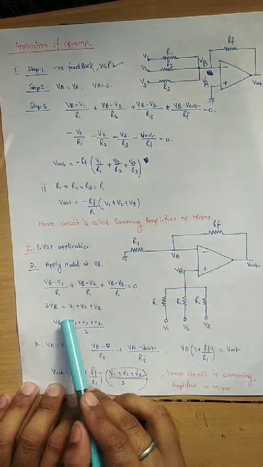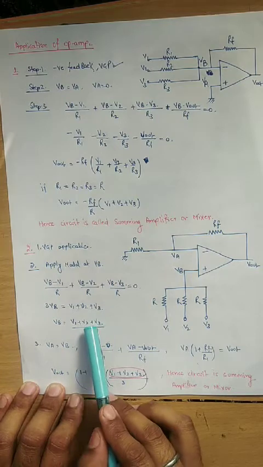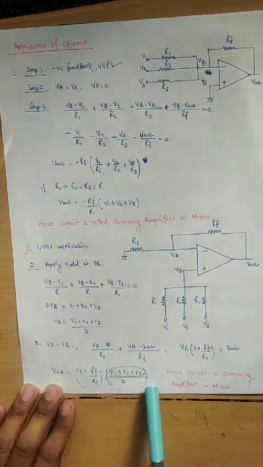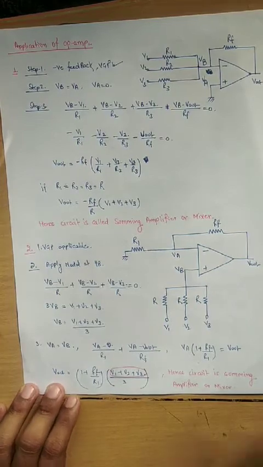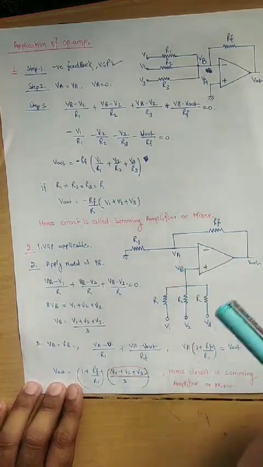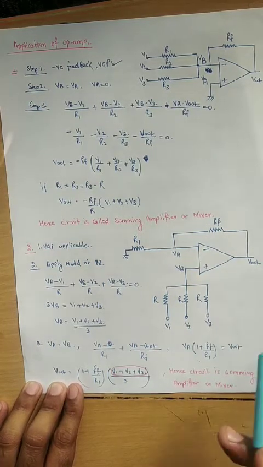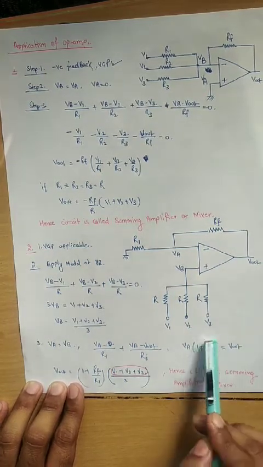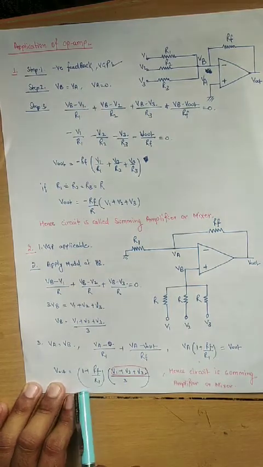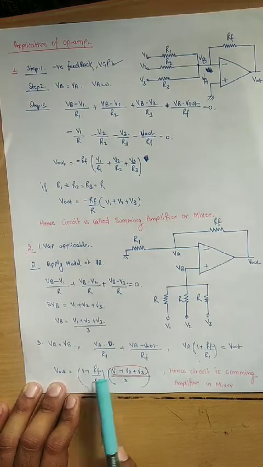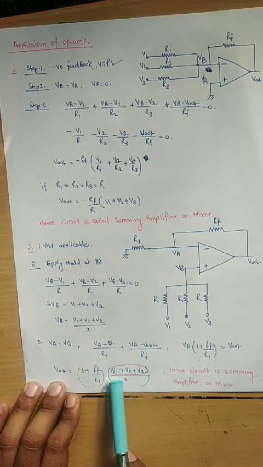VA equals VB, (V1 plus V2 plus V3) divided by 3. So Vout is this. Now see again, interesting thing, that it is the non-inverting amplifier. So the gain of the non-inverting amplifier was 1 plus RF by R1, which is reflected here, and what we are getting at the output is some gain into the summation of inputs.